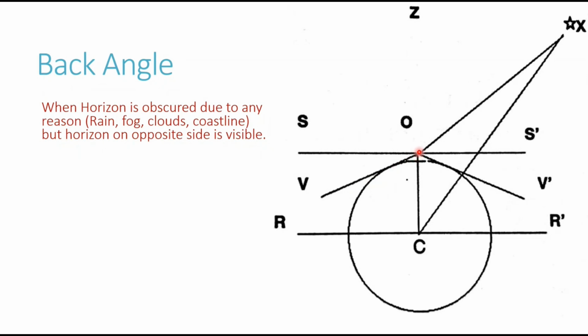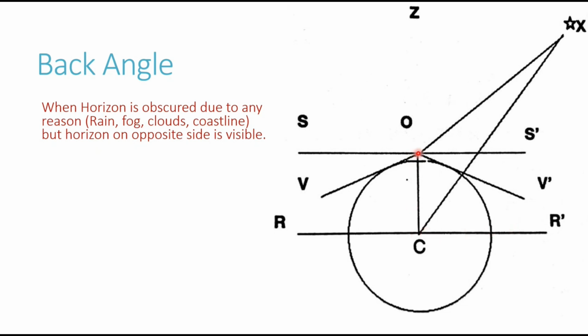Now, if you draw a line or a plane passing from the eye of the observer and parallel to the rational horizon, you see this is the observer's eye and we have the rational horizon as R dash. This is the plane of the rational horizon.